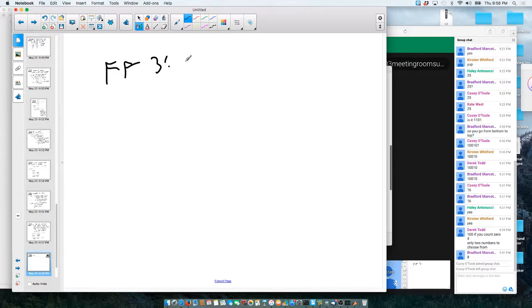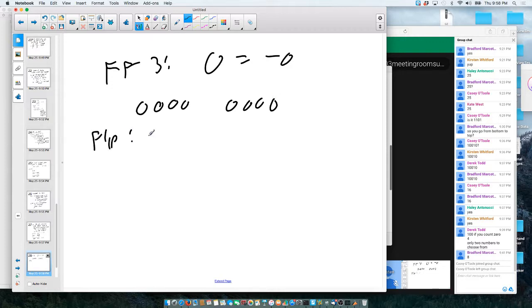Fun fact 3, 0 equals negative 0. If I take 8 bits of 0 and I flip all the bits, and then I add 1. 1 plus 1 in binary is 2, but I can't write a 2 here.